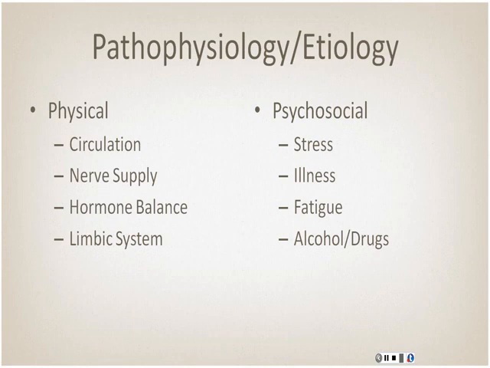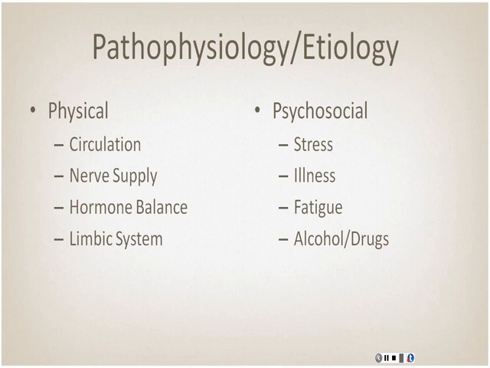Some of the common causes psychosocially are stress and illness, fatigue, alcohol or drugs. And then physically, circulation, inadequate blood supply coming into the penis. For nerve pathways, there are many of these that must be intact for a usable erection.